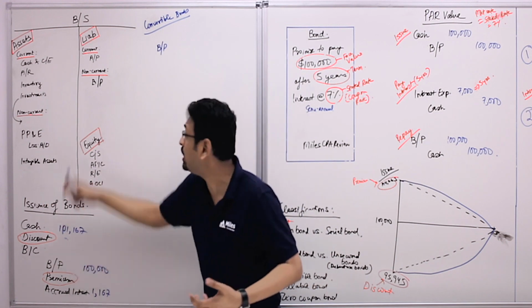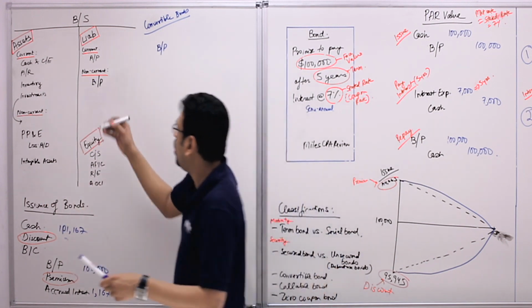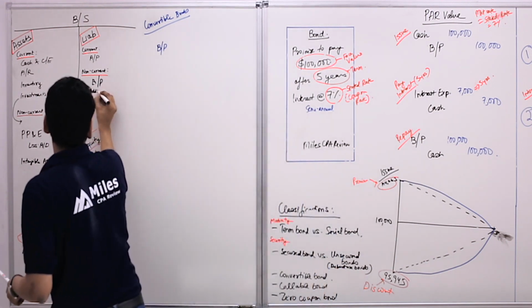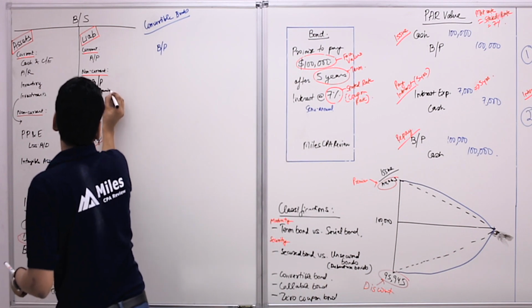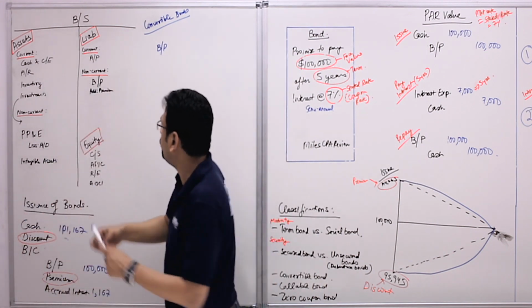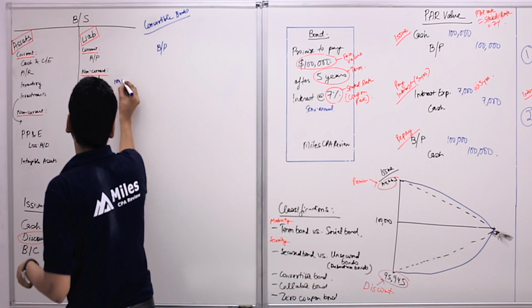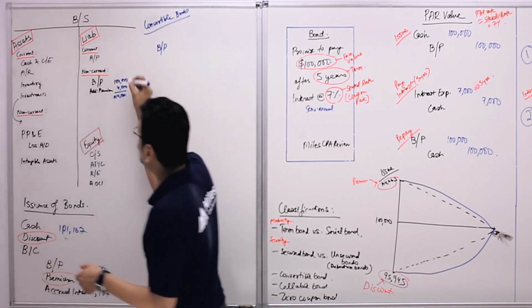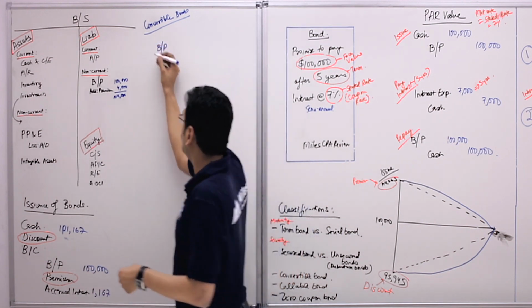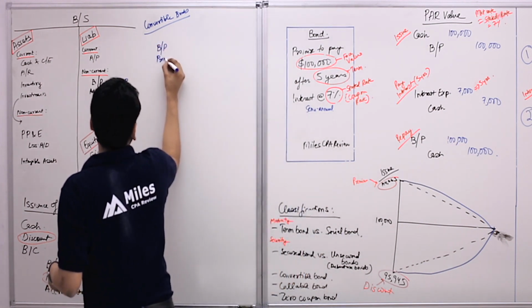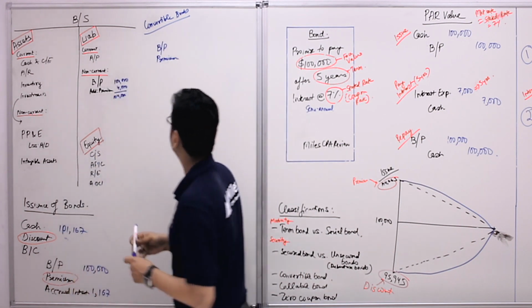Premium was credit, you need to get it off. So on your balance sheet, let's say you had bonds payable of $100,000 and the unamortized premium of $4,000. Now this is getting off your books, so you need to debit both of them. Debit bonds payable, debit the premium.